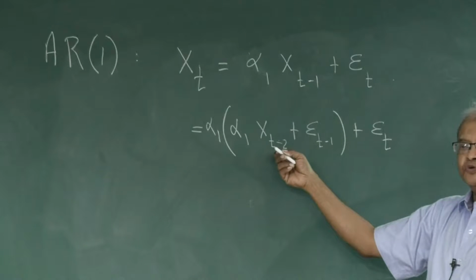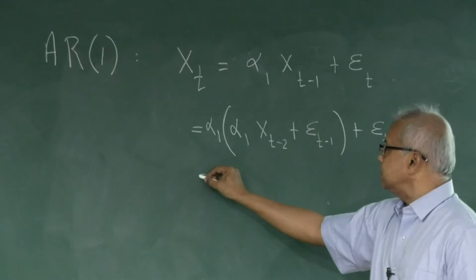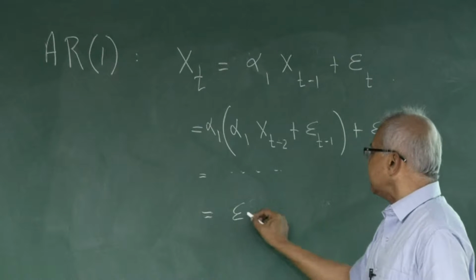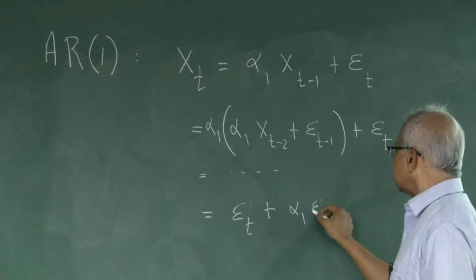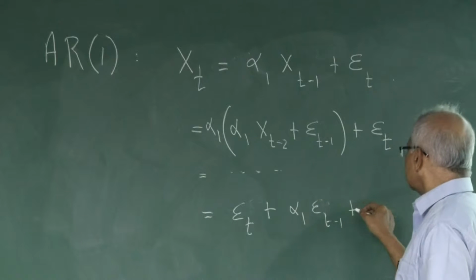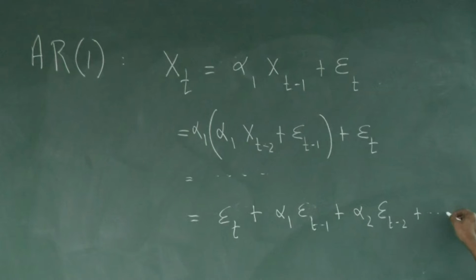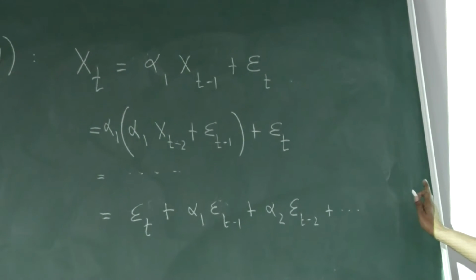Alpha 1 xt minus 2 plus epsilon t minus 1. So if I go on doing this, after some time I will have something like epsilon t plus alpha 1 epsilon t minus 1 plus alpha 1 square epsilon t minus 2, etc. I can go on to an infinite past.